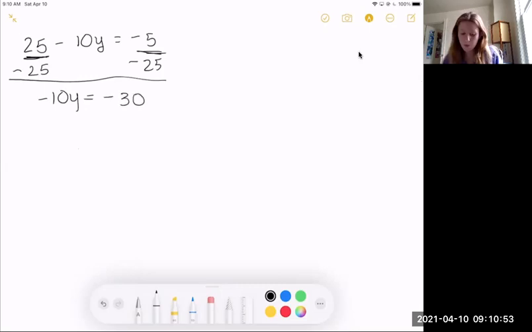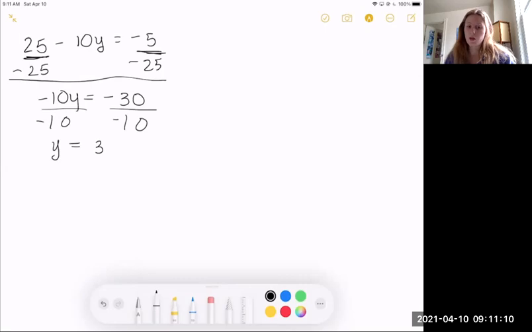And then from here, I'm going to divide both sides by -10. And we're going to get y equals 3.